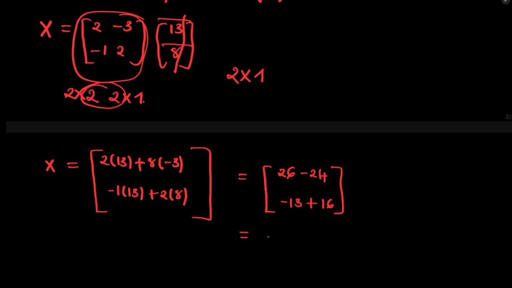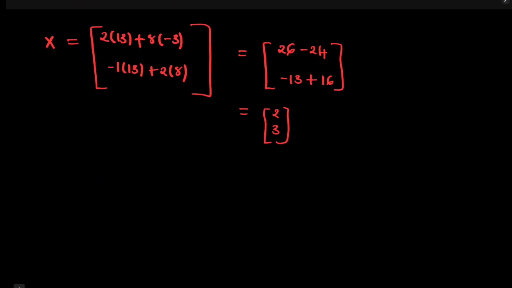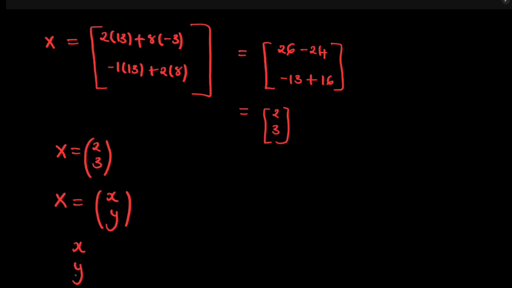So this gives 2 and 3. Okay, so our x is equal to 2, 3. Remember, our x is x, y. So x, y is equal to 2, 3.